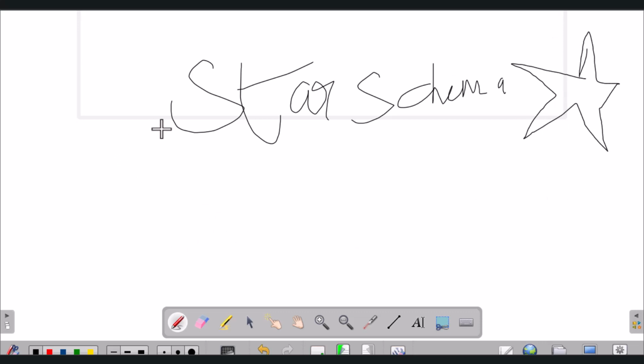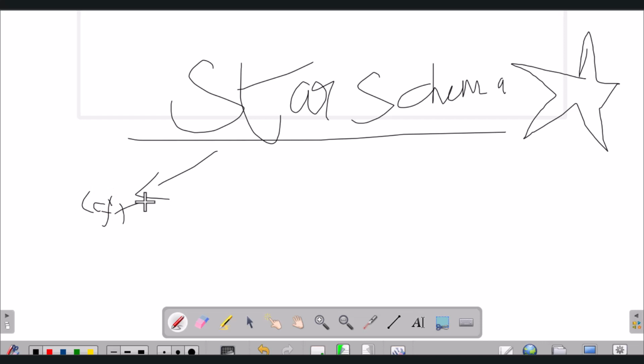So what will the star schema contain? It will have a central fact table, CFT, and one or more dimension tables. The central table contains the data which is nothing but facts, while a dimension table contains the descriptive attributes, the dimensions related to the facts.